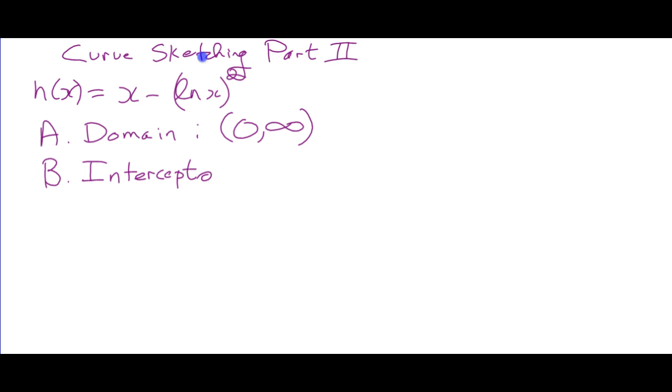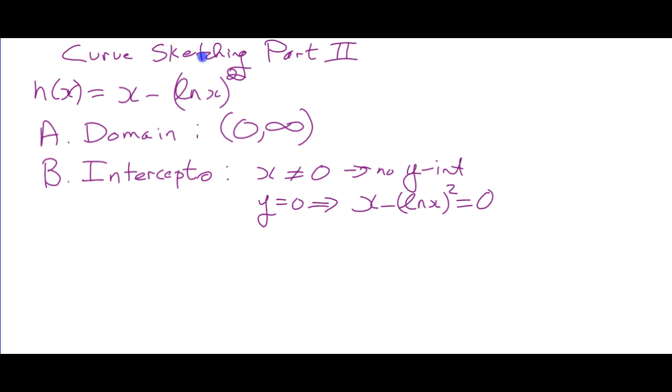So x can't be 0, so there will be no y-intercept, right? And if y is 0, then y equals 0 leads to x minus the ln of x squared is equal to 0.